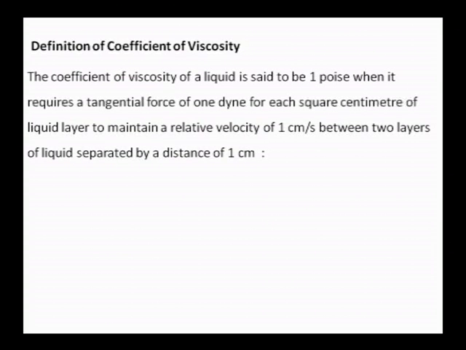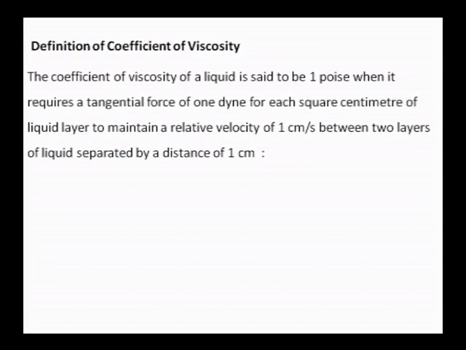The coefficient of viscosity of a liquid is said to be 1 poise when it requires a tangential force of 1 dyne for each square centimeter of liquid layer to maintain a relative velocity of 1 centimeter per second between two layers separated by a distance of 1 centimeter.